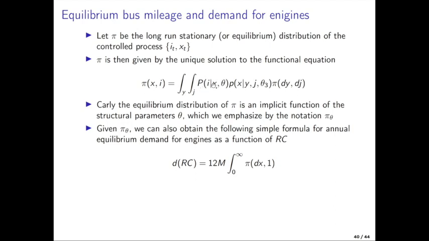Now, if you want to find the fixed point of that equation, you see that the distribution appears on both sides, and this is possible to solve by successive approximations. So clearly the equilibrium distribution implies an implicit function of the structural parameters, which we'll also emphasize.